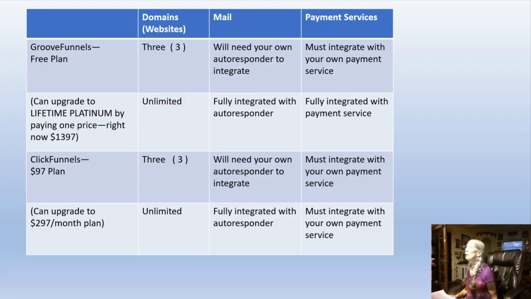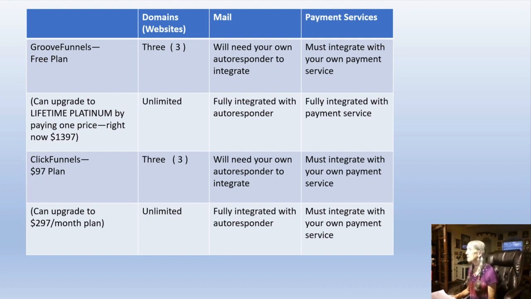Let's compare what each company is offering you. GrooveFunnels is offering a free plan where you can have 3 domains and 3 websites. ClickFunnels is charging $97, and they're also offering the same thing, 3 domains and 3 websites.